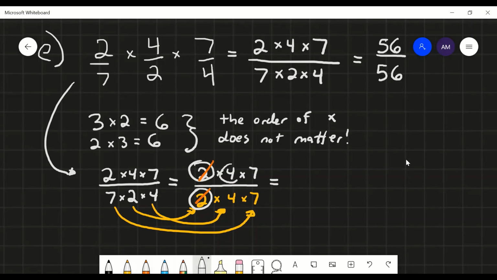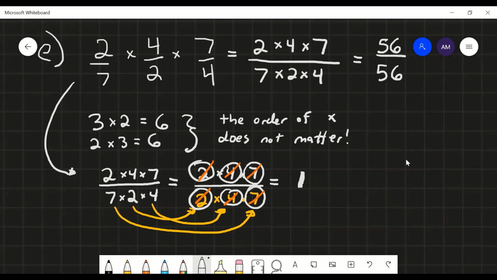And the 4 with the 4 also cancels each other out. And of course, the 7 and the 7 also cancel each other out. So you're probably wondering, well, there must be nothing left. It turns out there's still 1 left. There's still a 1. If stuff cancels on the top and bottom of a fraction, you'll never get 0. If everything goes away, the answer is still 1.